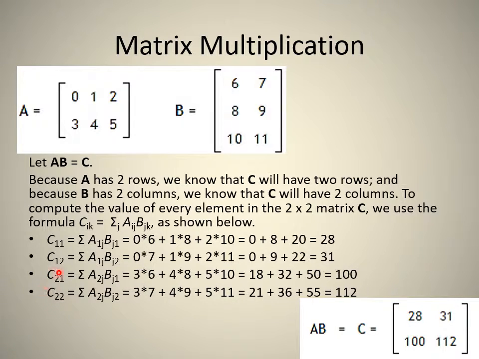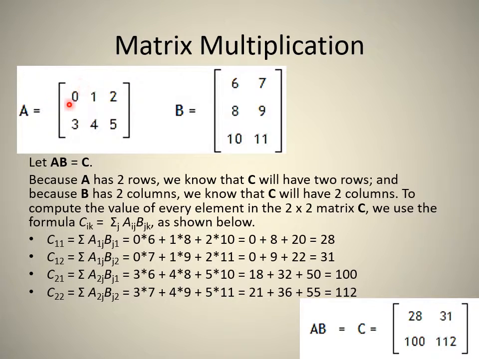The second step is to calculate element 1,2 in matrix C. So we start off with, again, 0 times 7. Can you see we exhaust the first row first.